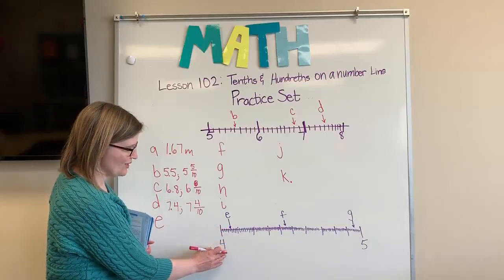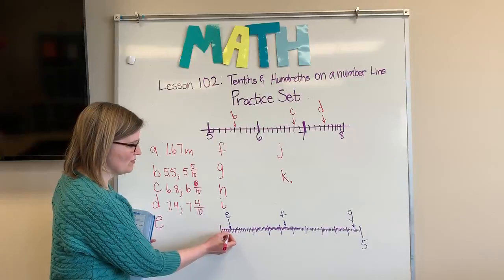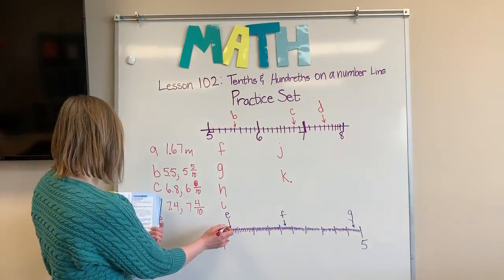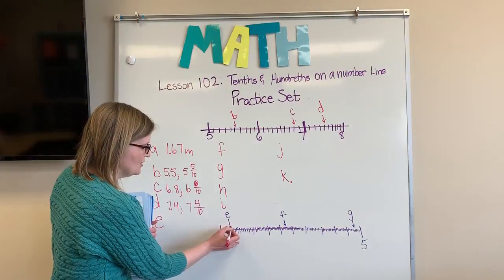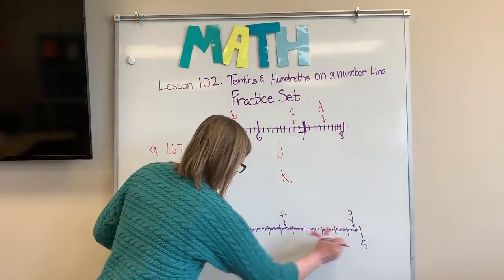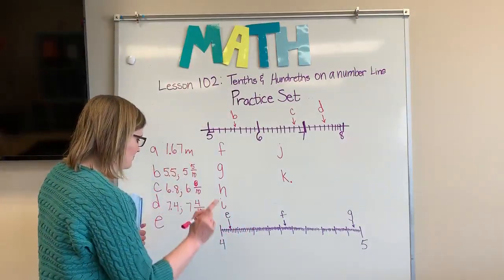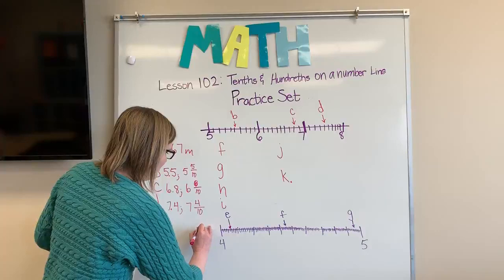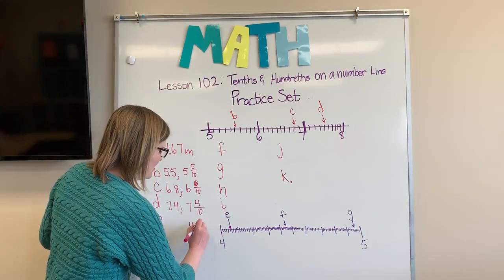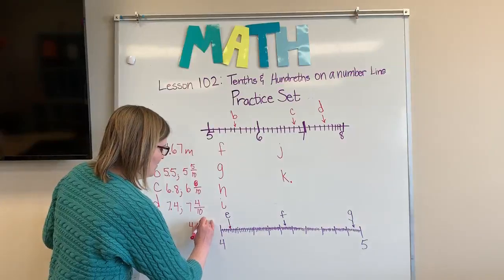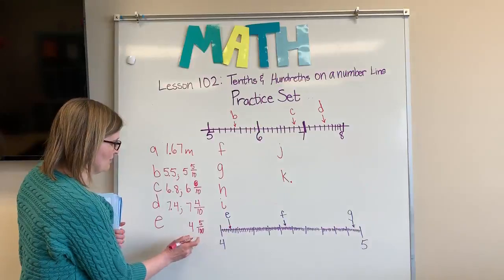We go to the number 4, we count in our tick marks, 1, 2, 3, 4, 5. And we know if there are 100 parts here, our fraction number is going to be over 100. So we say 4 and 5/100ths as a mixed fraction.